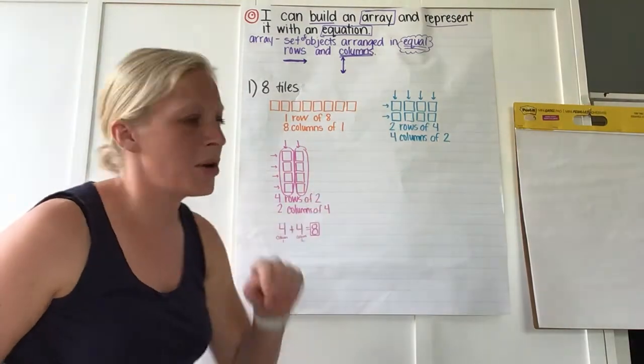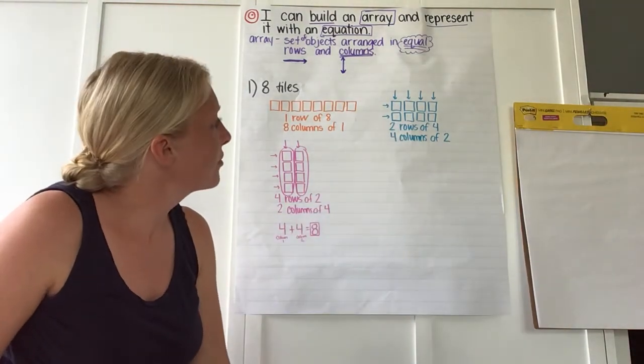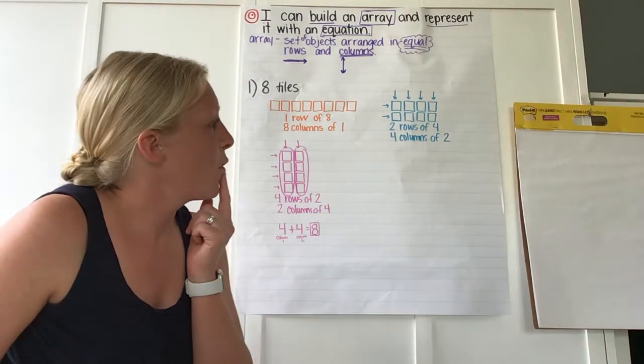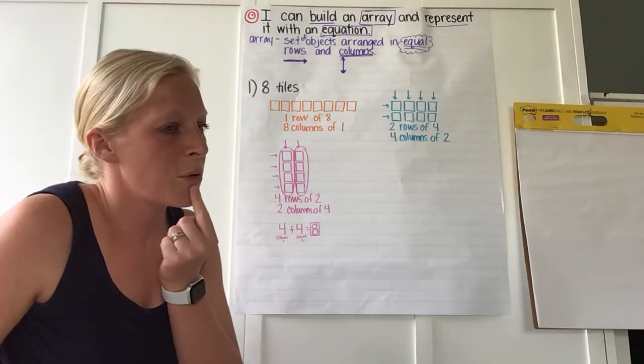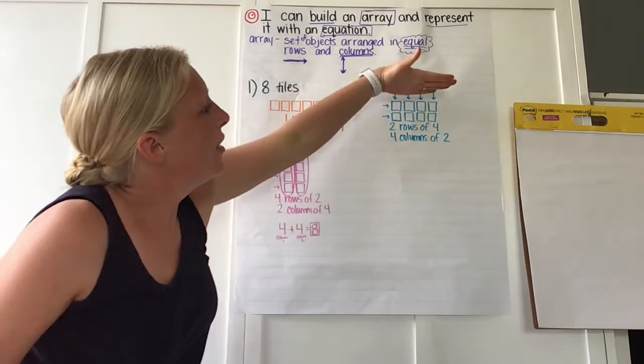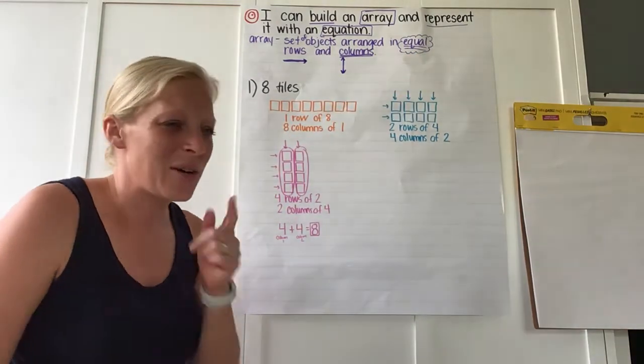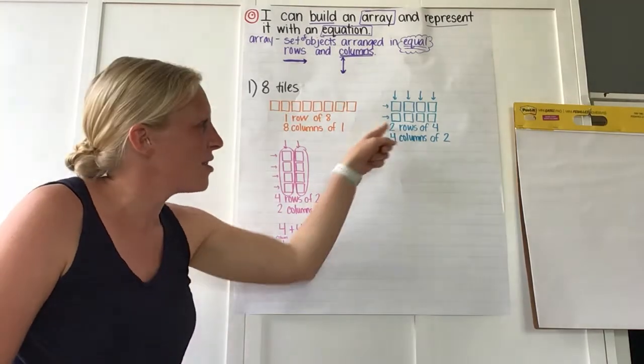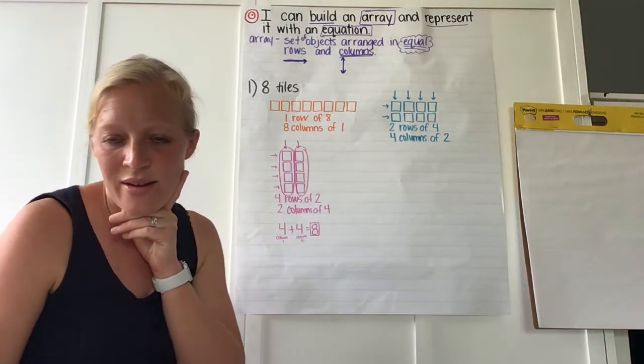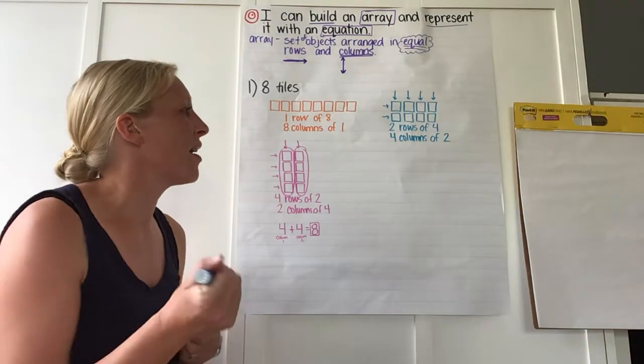What about this one over here? You said 4 plus 4 equals 8. Where is your 4 and your 4? Your 4 and your 4 is your rows. Ooh, is there another equation we could write to match this array? What would we want? What could we say?